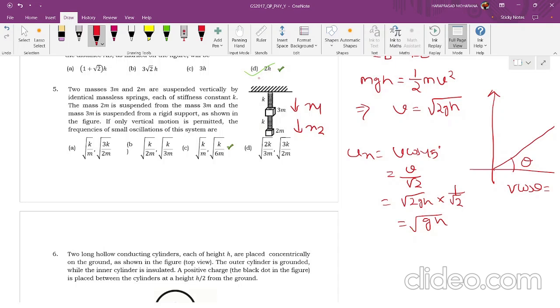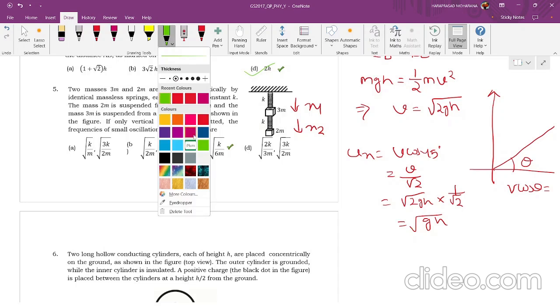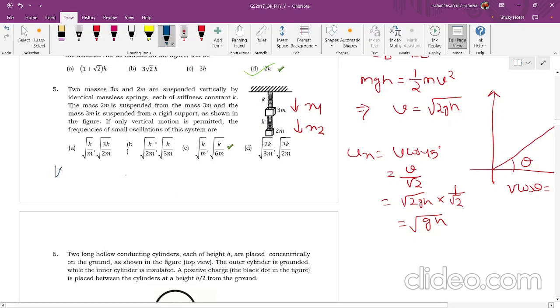Okay, let me go through this. The first job is to write the kinetic energy expression, that is half mv square, just as it is half kx square for the spring case. So the first mass is 3m with displacement x1 dot square, plus half of 2m with displacement x2 dot square, isn't it?